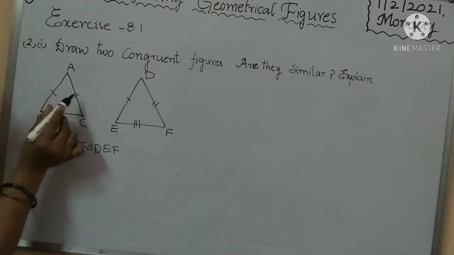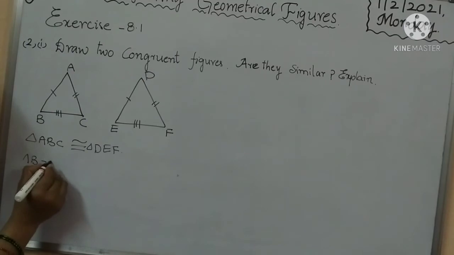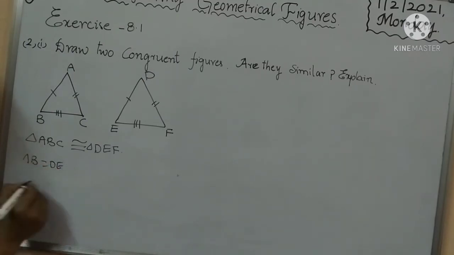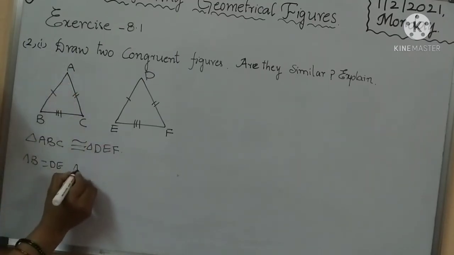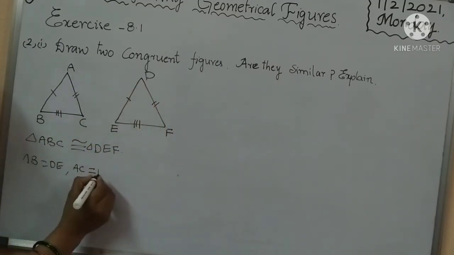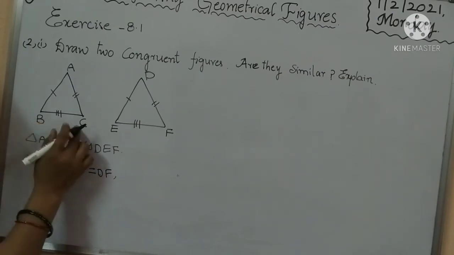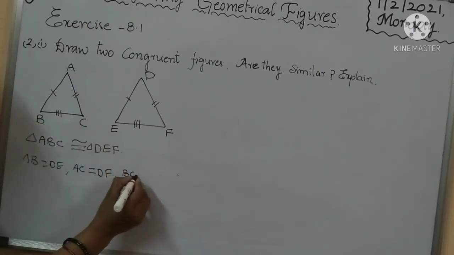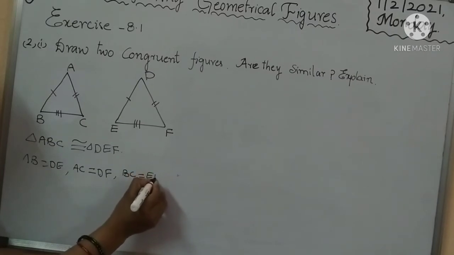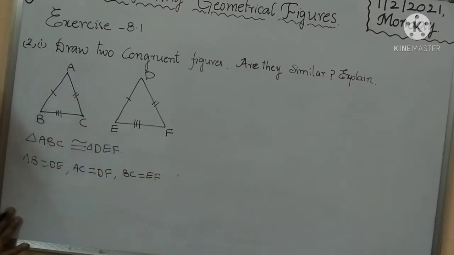I have drawn the lines: AB equal to DE, and next AC equal to DF, and next BC equal to EF. All sides are equal.